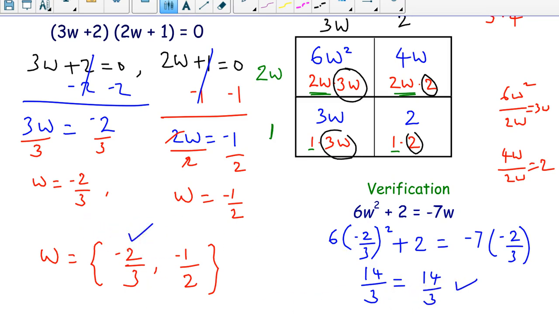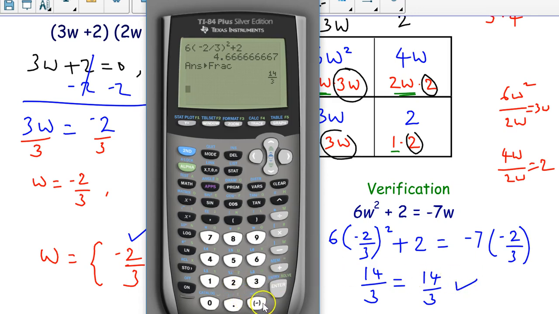Let me show that on the calculator. It is -7 times, in parentheses, -2 divided by 3. See, it is the same number, 4.66. Changing it into a fraction, that's the same 14/3.